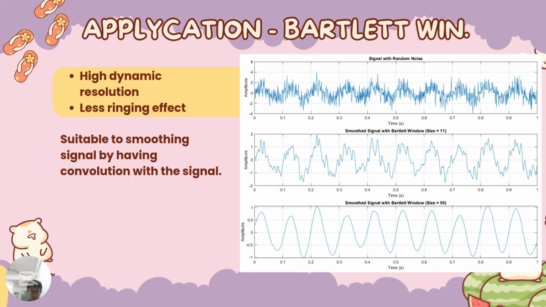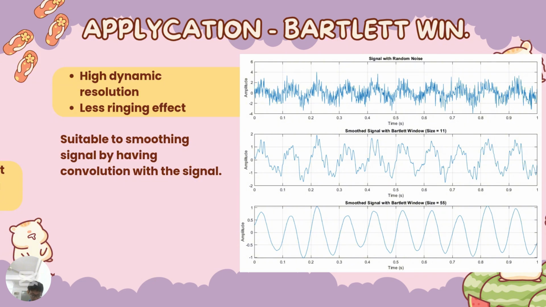For the Bartlett window, the lower ringing effect and higher dynamic range compared to the rectangular window make the Bartlett window used for smoothing a signal. Refer to the figure in the slide.